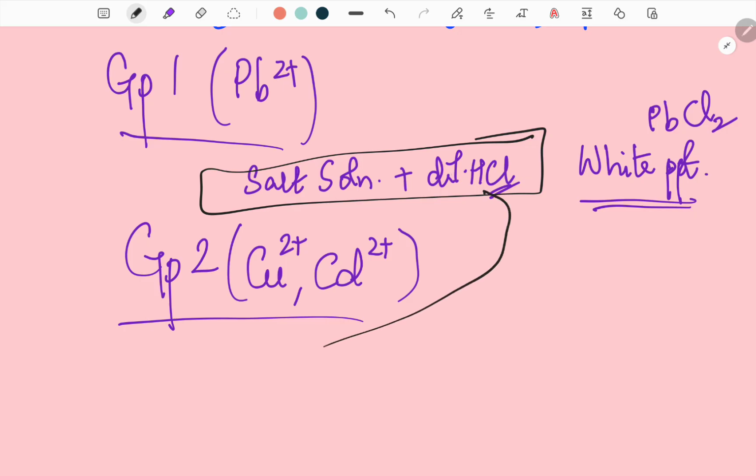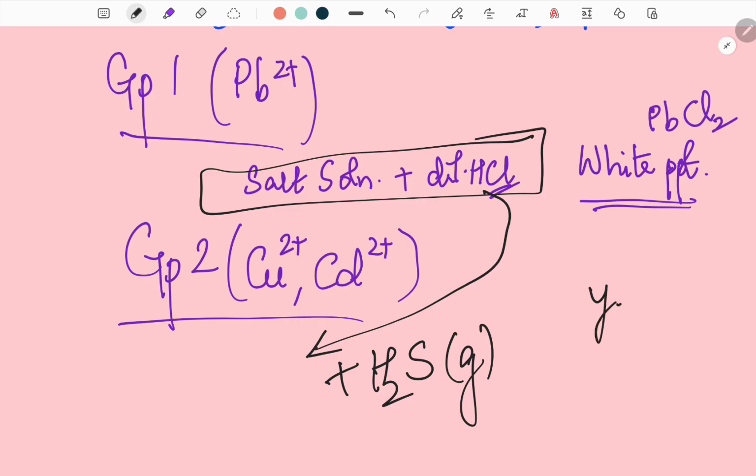You have to take the same solution and add H2S gas to it, hydrogen sulfide, and if you are getting a yellow precipitate or if you are getting a black precipitate, then that means the group 2 cation is present.